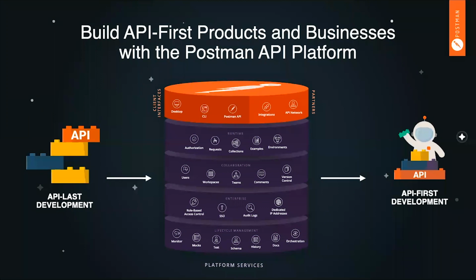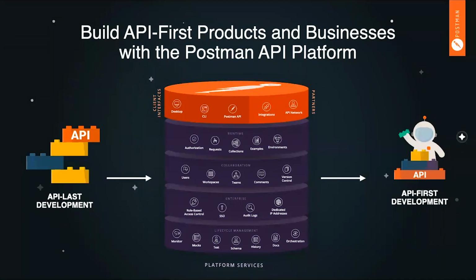So all of this works in concert to get you to that API first development way of life that we talked about. So this helps you begin to break down the monolith and move from that API last development, where you're actually creating organized workspaces. You're building thoughtful teams around how you're going to build APIs in those workspaces.